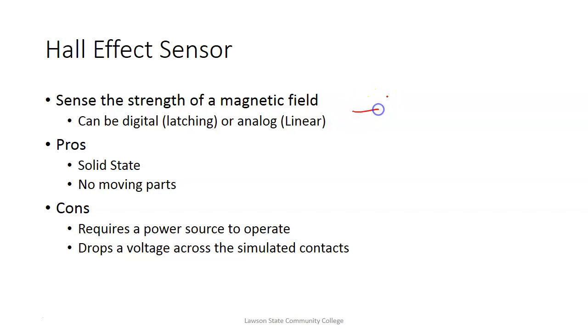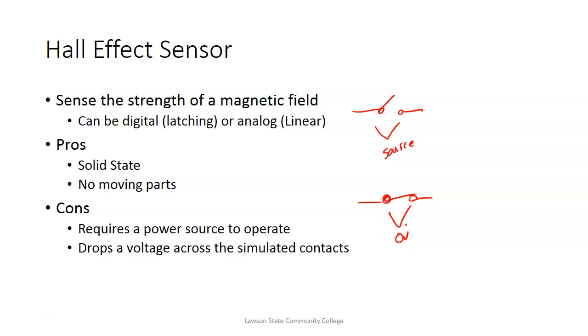So if I've got a mechanical switch and it's open, we will measure the source voltage. If it's closed, a regular switch will measure 0 volts. Now there's some resistance in there, guys.